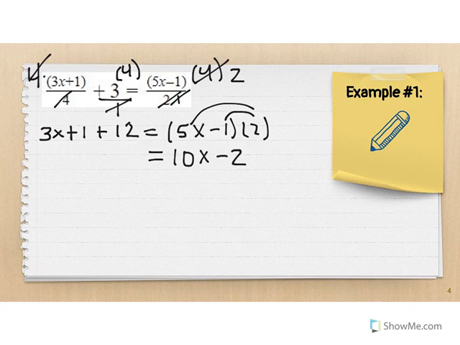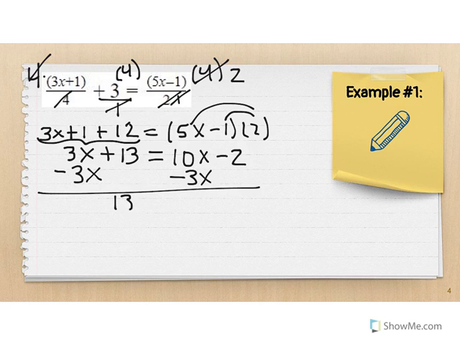And then here we're just going to combine like terms, whatever we can. So I see that I have a 3x plus 13. Now I'm just going to go ahead and solve for x. I'm going to try and get x on one side. I see I have more x's on this side, so I'm going to try and not get rid of them there. So I'm going to subtract 3x from both sides. And then I'm going to be left with a 13 here equals 7x minus 2.